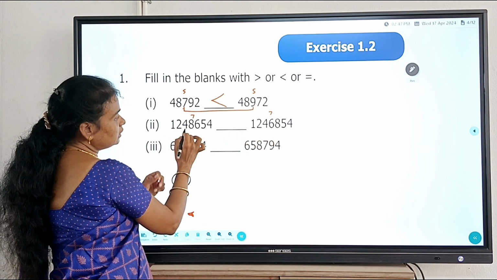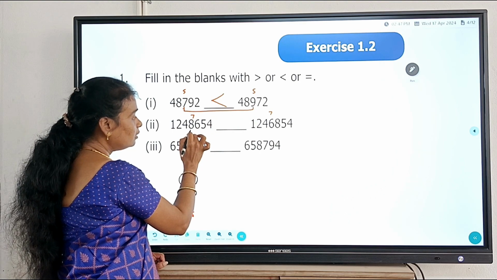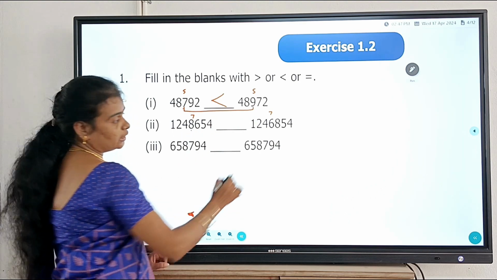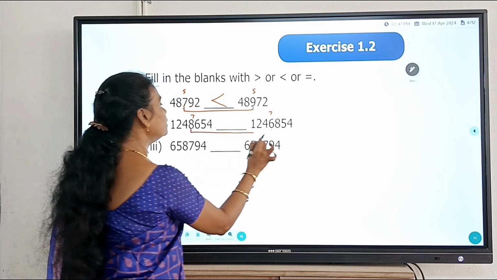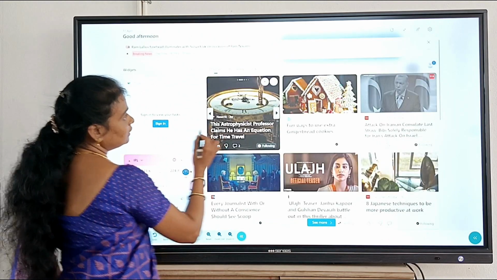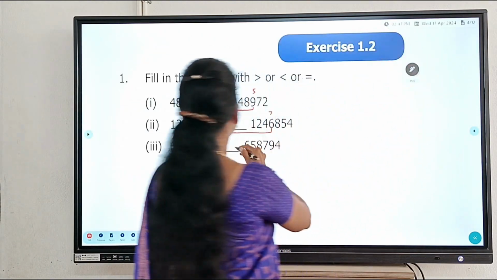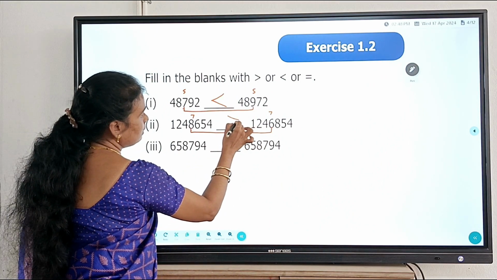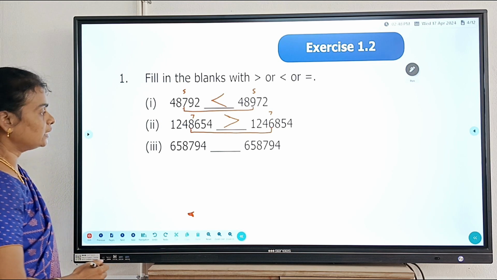Next digit is 4 on the left side, 4 on the right side. Then the fourth digit is 8 on the left side and 6 on the right side. So compare these two numbers, 8 and 6. We know that 8 is the bigger one, and hence this number is bigger, so the wider mouth should face this left hand side number.